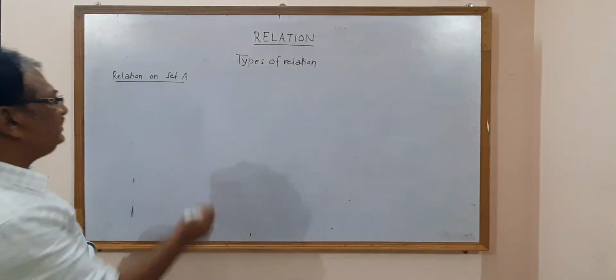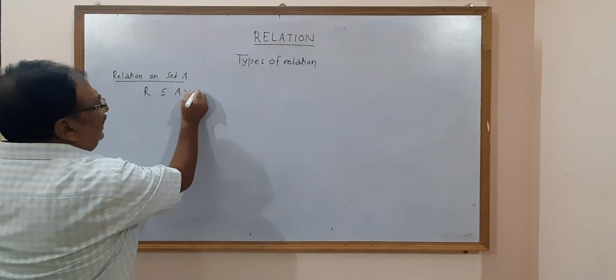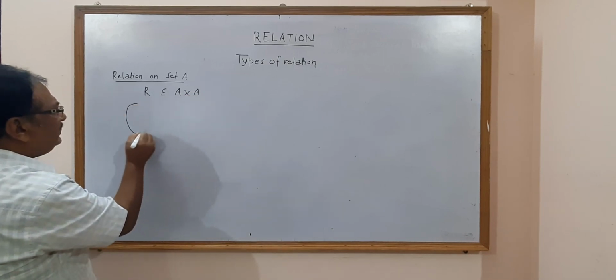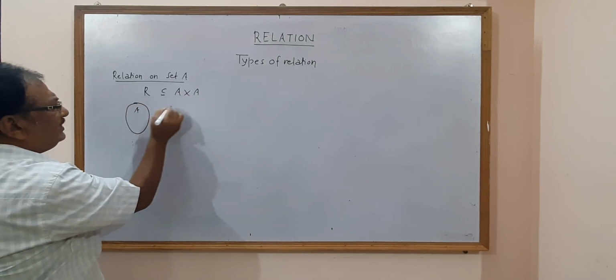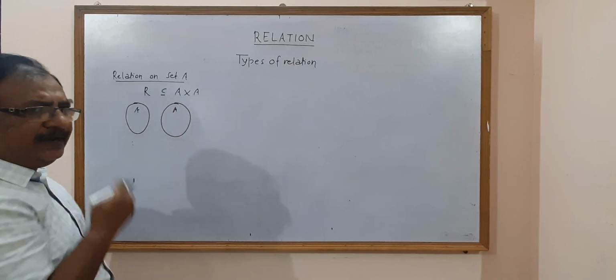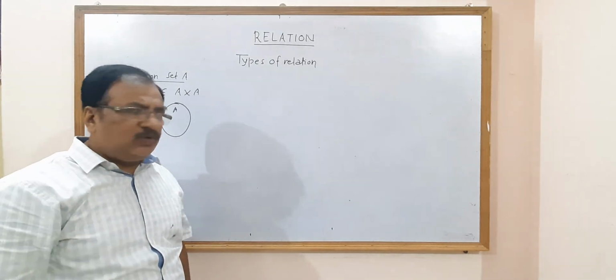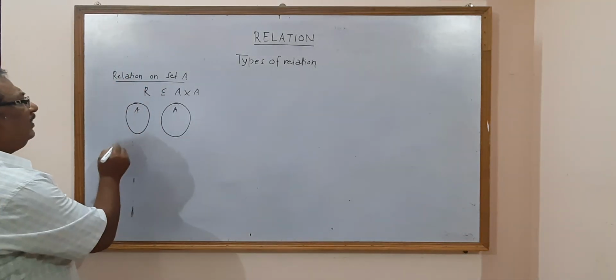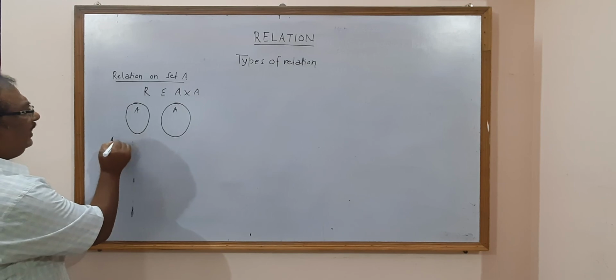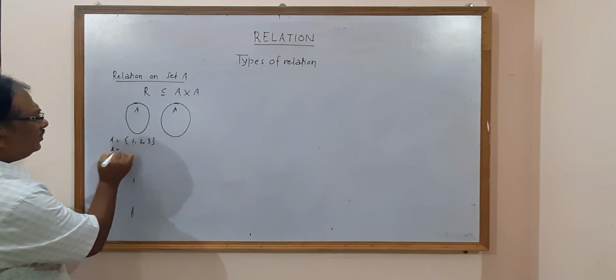Here R is a subset of A cross A. That means your first set is A and second set is also A. So if A is equal to {1, 2, 3}, A cross A is equal to what?